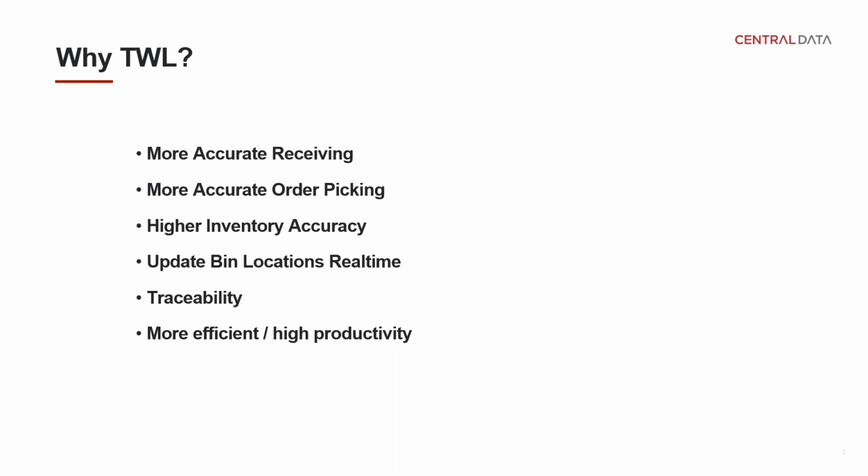That's usually not a big source of inaccuracy, but it does help with the receiving accuracy. It definitely helps with the order picking accuracy. And when you have more accurate receiving and more accurate order picking, you are naturally going to have higher inventory accuracy.